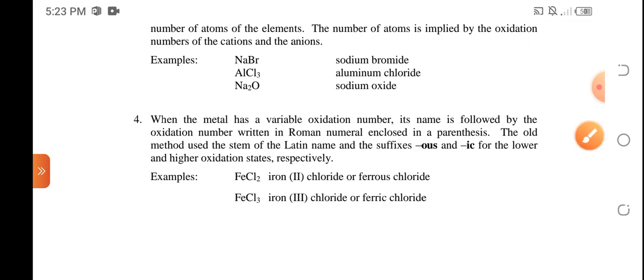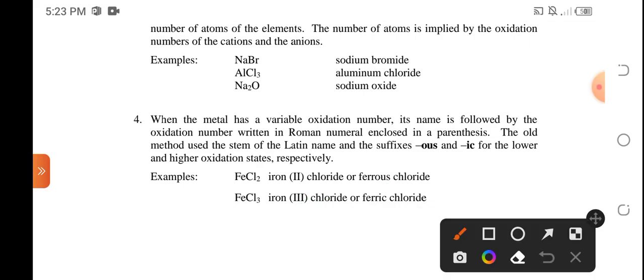And another rule is kung hindi natin pwedeng pagsamahin yung Roman numeral tsaka yung IC. Okay? Kung mag-stick ka, gagamit ka ng Roman numeral, okay? So, yung English name niya plus the Roman numeral. Okay? Kung gusto mo yung OUS naman, then the Latin name with the OUS. Okay? Hindi pwedeng ironus o kaya hindi pwedeng ferrous 2. Hindi pwede yun. So, mamili lang.